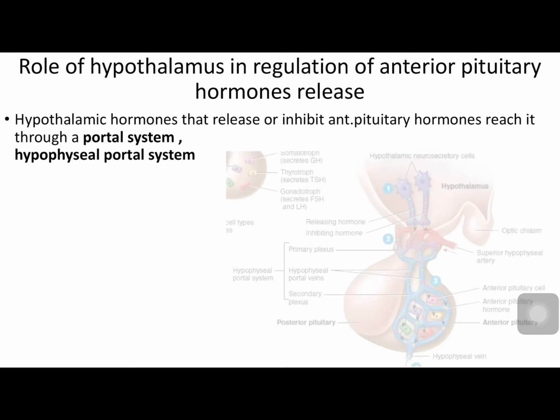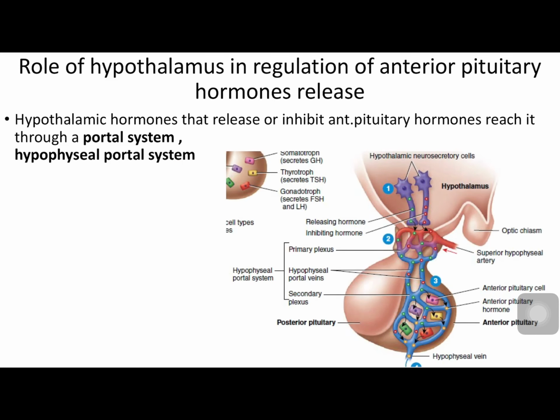What are the components? Let us see. The impulses that integrate from the nervous system act on the neurosecretory cells present in the hypothalamus.